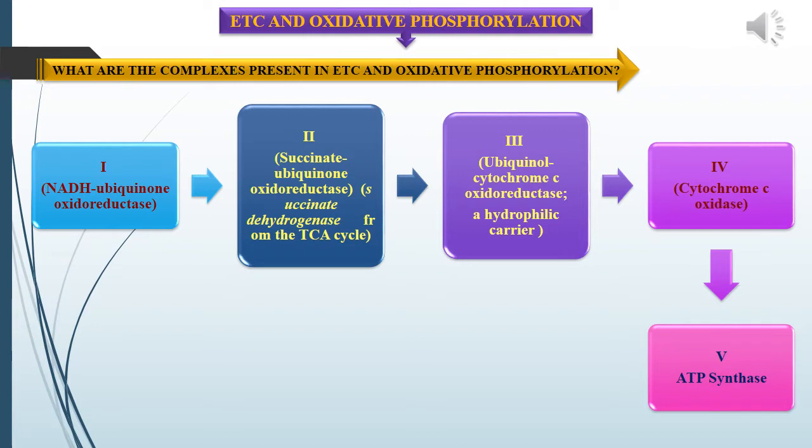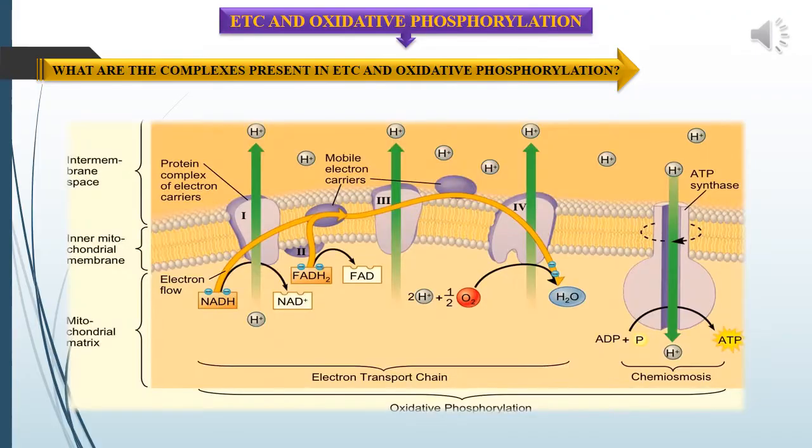So there are 5 complexes involved. Here the schematic representation indicates the presence of 5 complexes, where 4 are involved in the electron transport chain and the 5th one is involved in oxidative phosphorylation.